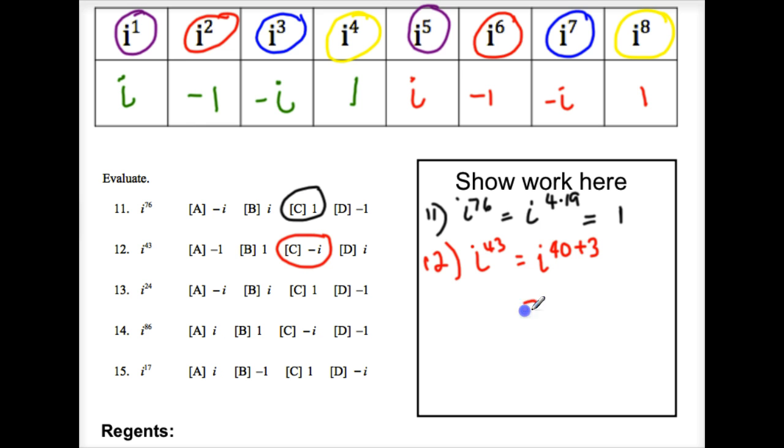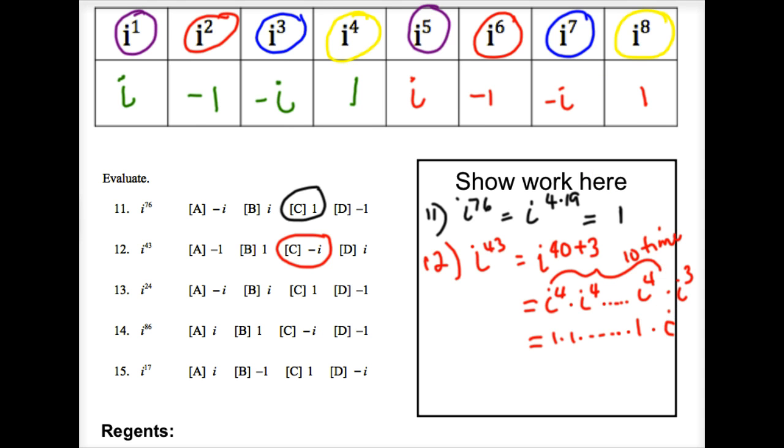So again, i to the 40th power is the same as me writing i to the 4th times i to the 4th, and so on, i to the 4th. This is going to be 10 times. And then I have i to the 3rd. So i to the 4th is always going to be 1, so I have 1 times 1, and so on, times 1 times, what's i to the 3rd? i to the 3rd is -i.